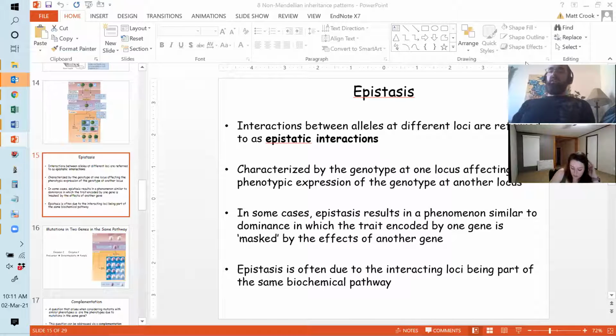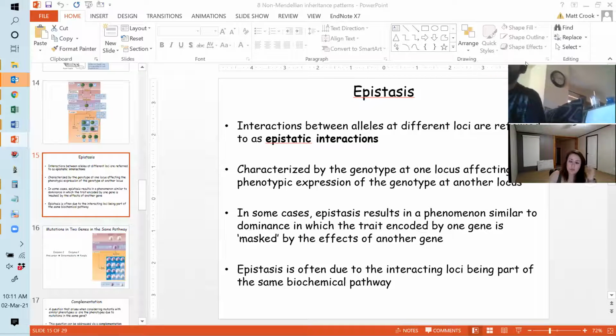In a nutshell, it means that the phenotype you have at one locus for one trait affects the expression of the phenotype from another trait. Okay, and so the easiest way to talk about this is with recessive epistasis. There's a lot of board work here.